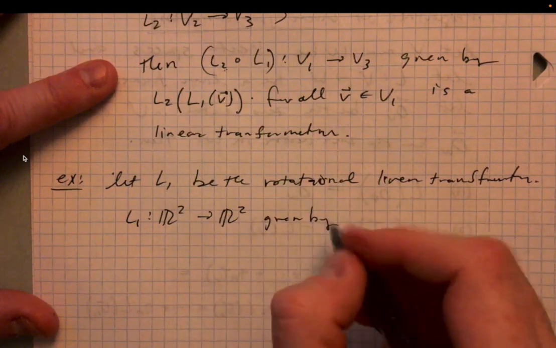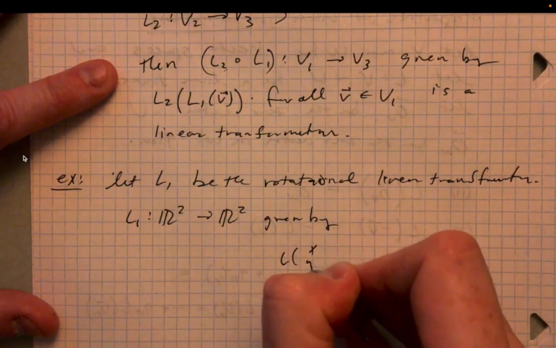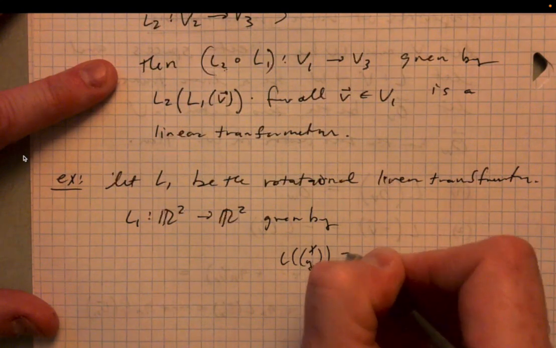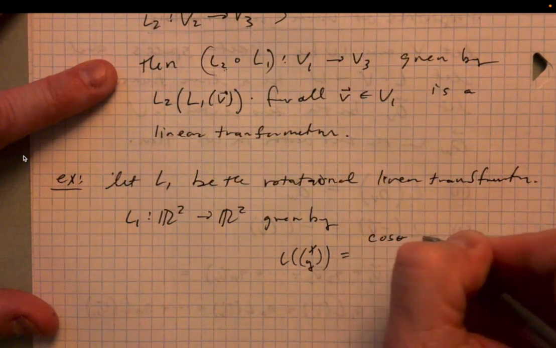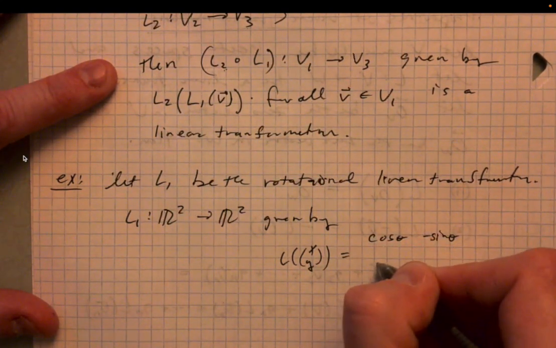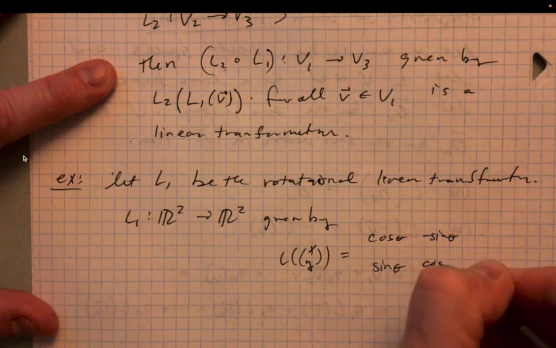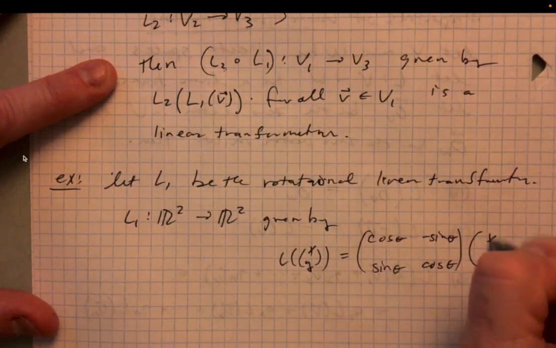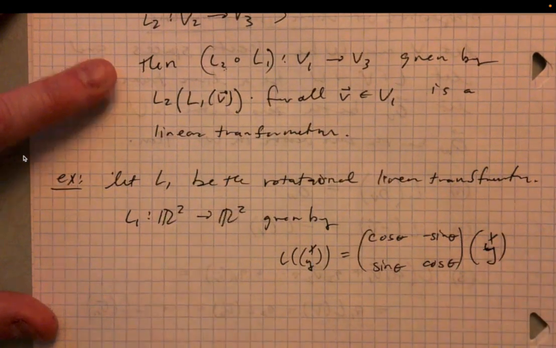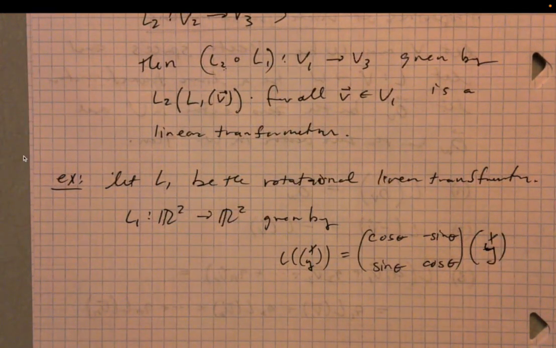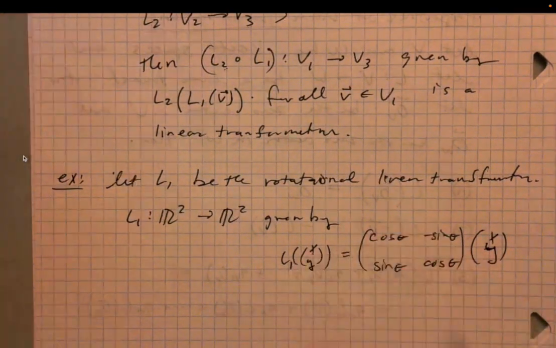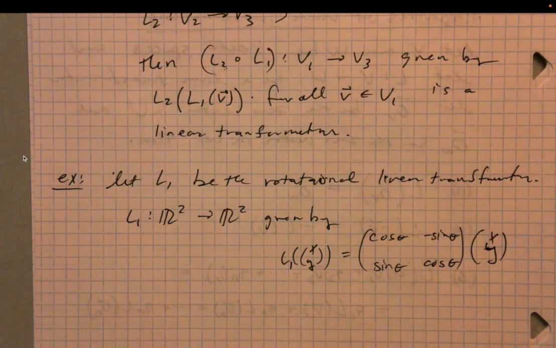L of xy equals the matrix cos theta, negative sine theta, sine theta, cos theta, times xy. Okay, so that was the first linear transformation. We'll call that L1. We know that that's a linear transformation. We went through that exercise and saw that.